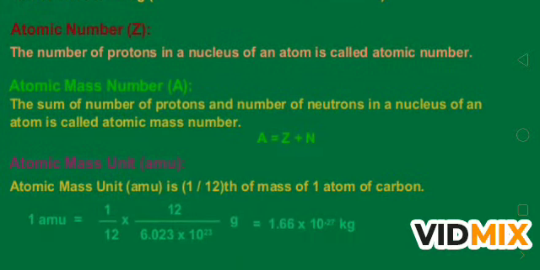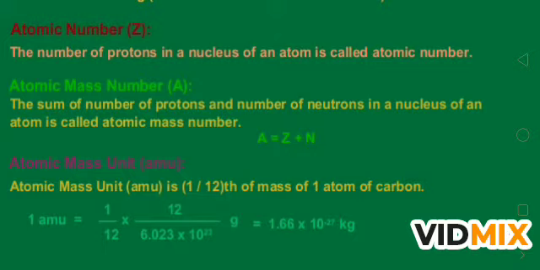Now what is atomic mass unit? It is also known as AMU. Since the mass of an atom is very small compared to a kilogram, for example, the mass of a carbon atom, carbon 12, is 1.992647 into 10 to the power minus 26 kilogram. This figure is given in your NCERT, on page number 438.